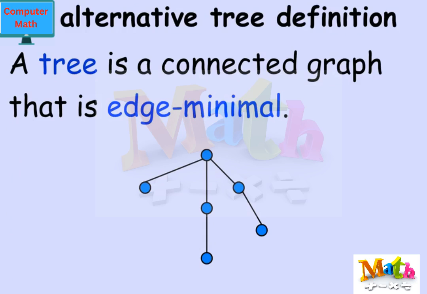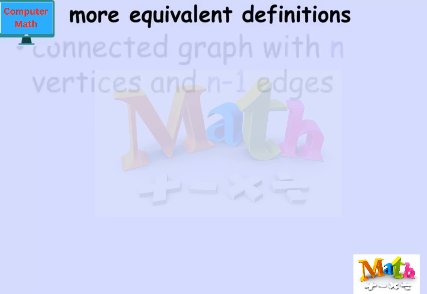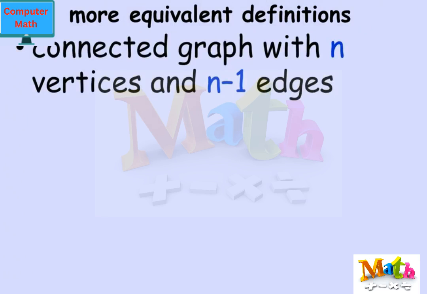If you think about different nodes in a network that need to communicate with each other, and you want to know how many direct connections there have to be between these communication centers in order for everybody to talk to everybody else, the answer is it's got to be a tree on n vertices, and a tree on n vertices is going to have exactly n minus 1 edges. So that gives you still another equivalent definition of a tree. A tree is a connected graph that has n vertices and n minus 1 edges.